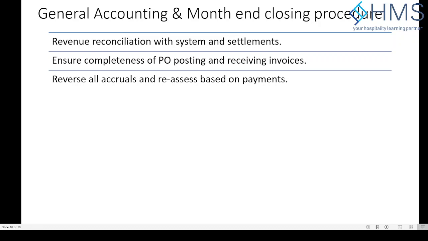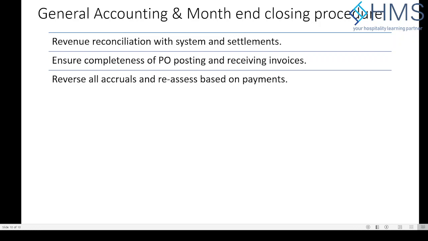Usually the best practice is that we reverse all the previous month accruals, and then all the expenses for which we are making payments are charged to the correct expense account. The accrual is reversed from the previous month and the actual payment is posted into that account. So if there is a difference, it will be taken care of automatically. You don't have to post another adjustment journal for the difference between what you provided for and what you are paying.